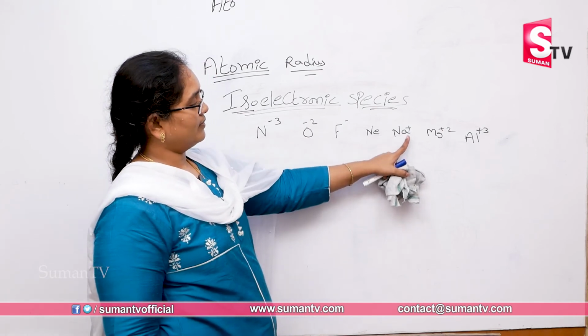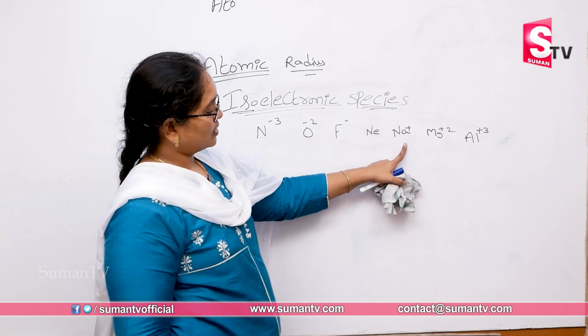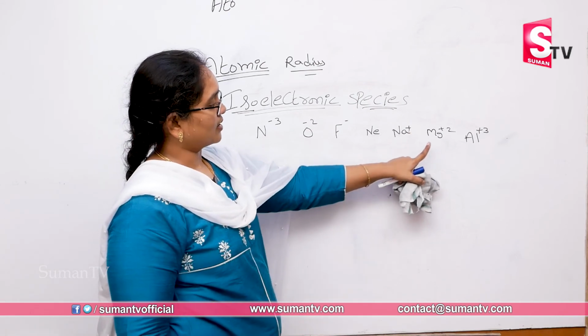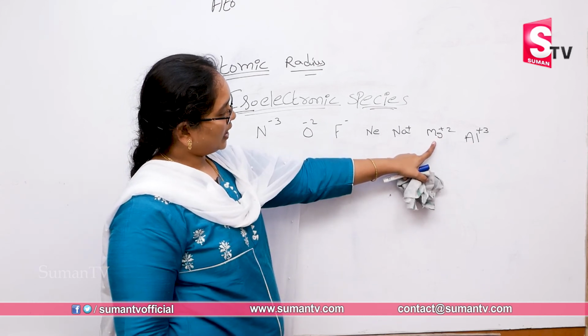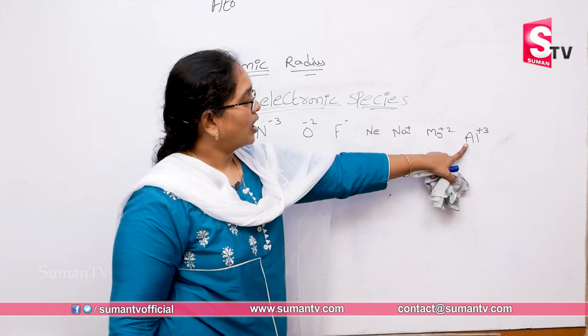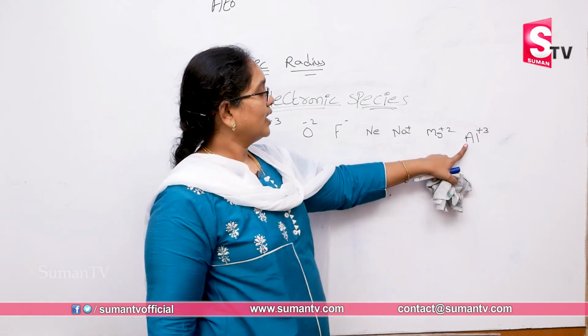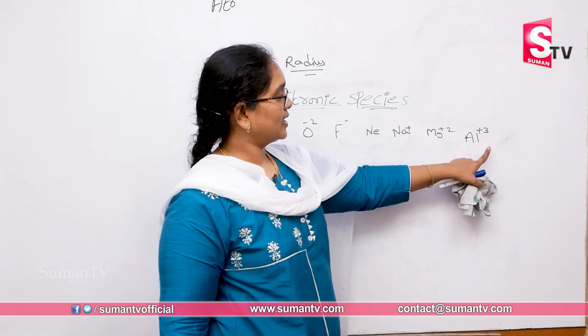Sodium, atomic number 11, plus 1 means it lost 1 electron, so 11 minus 1, 10 electrons. Magnesium, atomic number 12, plus 2 means it lost 2 electrons, 12 minus 2, 10 electrons. Aluminum, atomic number 13, plus 3 means it lost 3 electrons, 13 minus 3, 10.